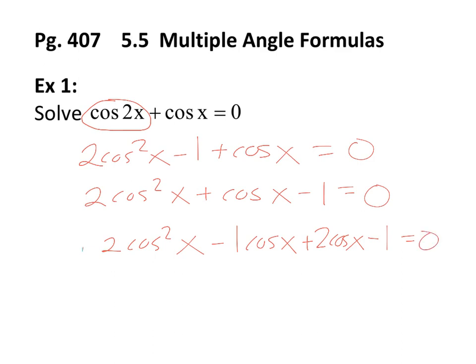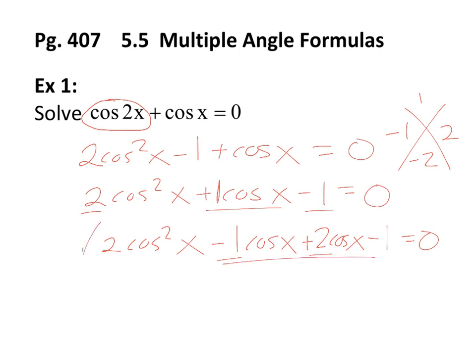Okay, well, how did we get this? Well, I just need to find 2 numbers that add up to 1, and then that also multiply to give me negative 2. And those 2 values are negative 1 and 2, which I have right here. So I just split the middle term up into these 2 terms.